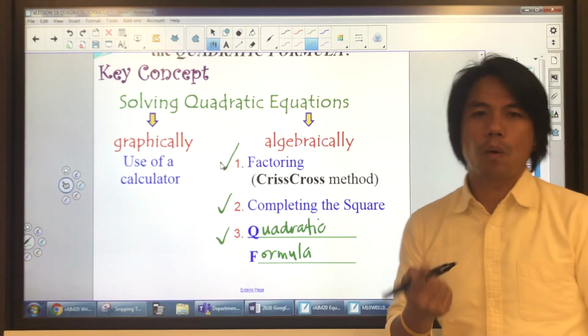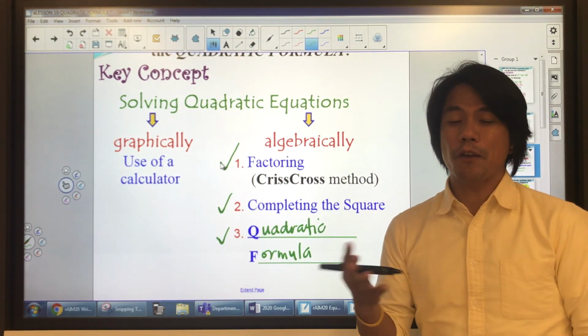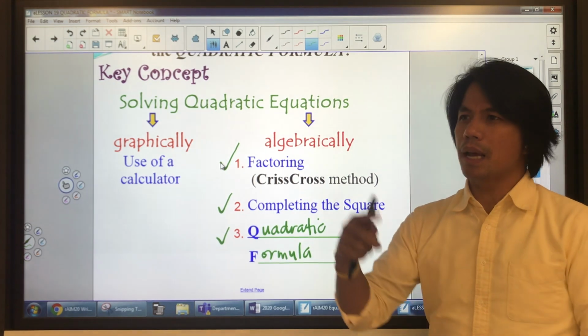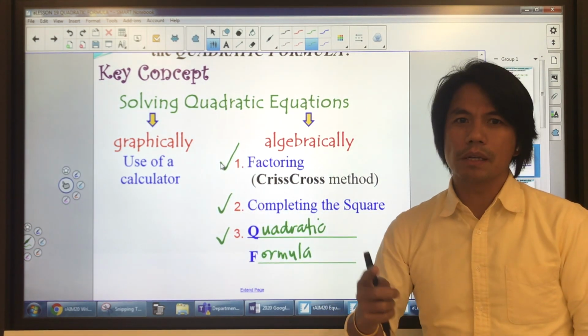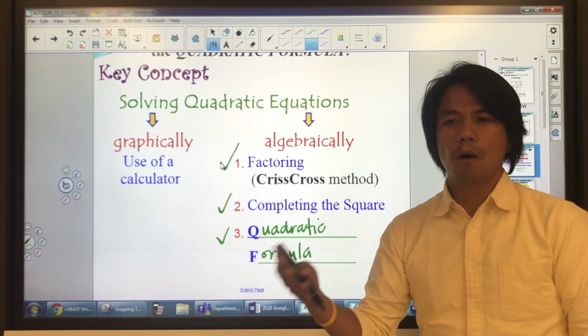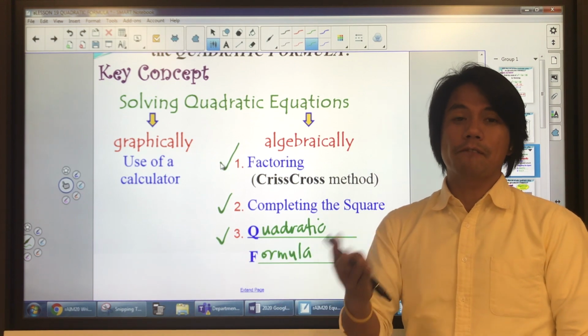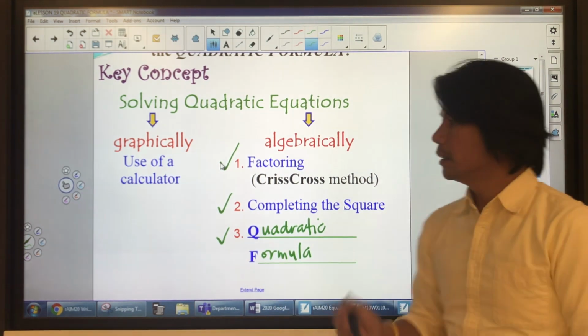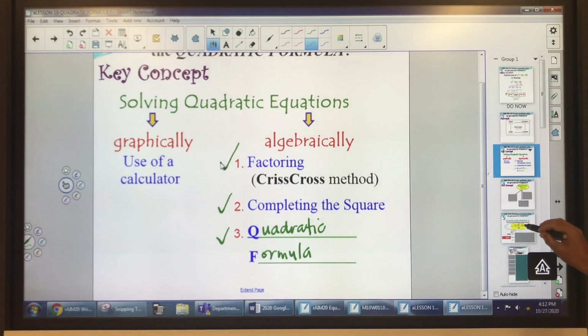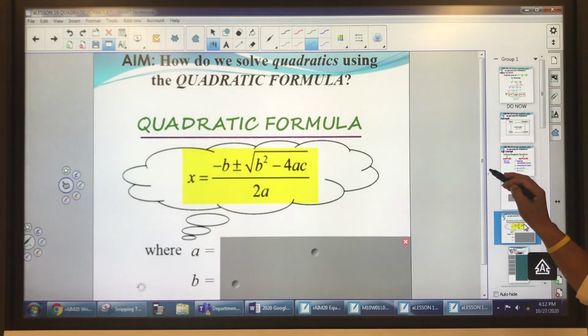Sometimes the questions will give you a specific method to use, just like in the intro activity. It says find the zeros or the roots by factoring. Clear? So, what is the quadratic formula?